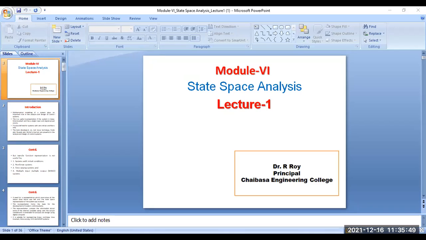So this state space analysis is basically used in control system as well as in engineering mathematics also. Here, the technique which we will be adopting has some advantages and some flexibility of numerical calculation. We'll see that later on. In any system, we can express that system in terms of a transfer function.